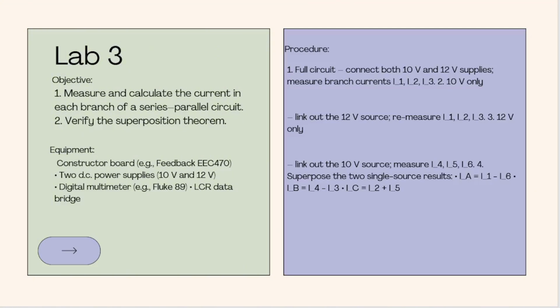The procedure is to first make a full circuit with 10 volt and 12 volt and read the currents for R1, R2 and R3. Next, we read for only 10 volt, and then we read for only 12 volt.